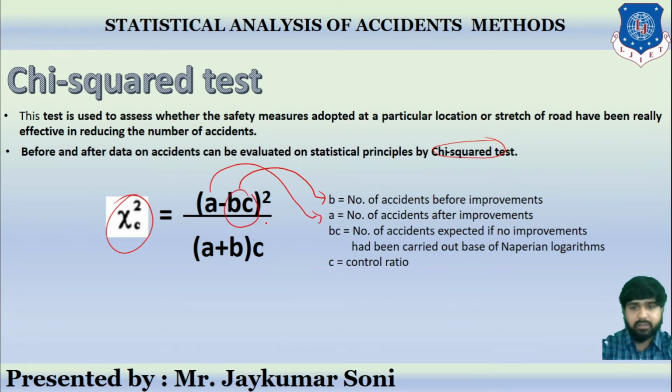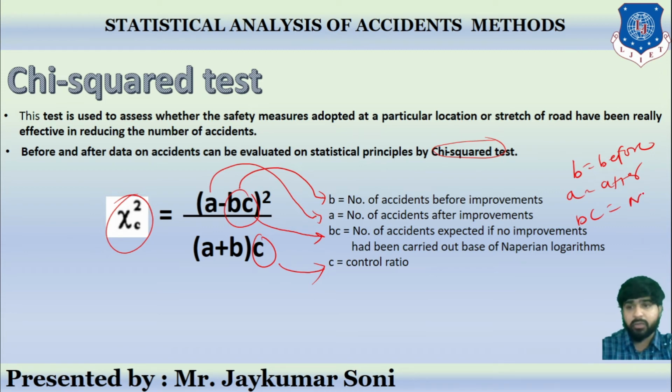BC is the number of accidents expected if no improvements had been carried out, and C stands for control ratio. Let me repeat, B stands for number of accidents before, A means after, BC means if no improvements would be there, the number of accidents there, and C means control ratio.